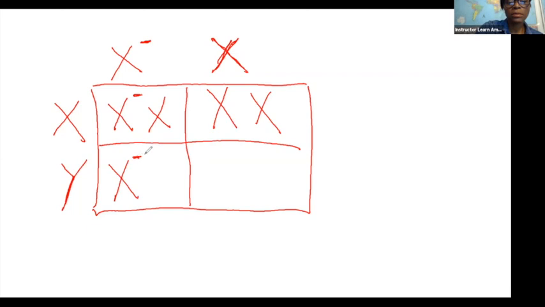Down, across, down, down. Actually, let me change the color of my pen here so you can see what traits came from dad. Here's dad, and mom is in the red.